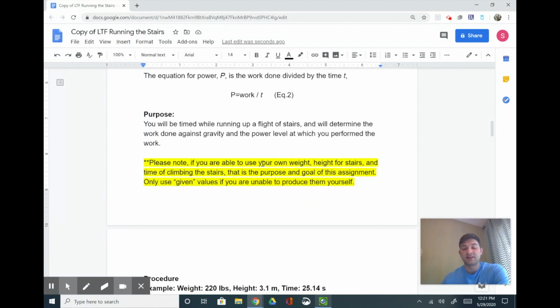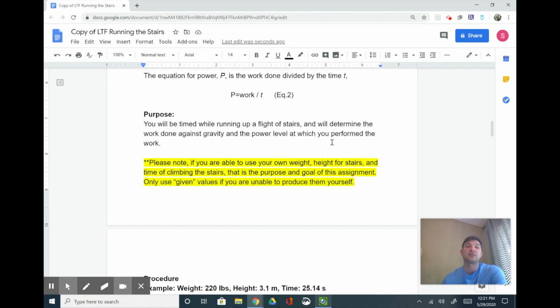Now, normally for this lab, you would get the students to weigh themselves in pounds, and then they would run up some stairs and you would time them, and you would have to measure the height of the stairs. Measuring the height of the stairs, I always let my students work through that. How would you measure the height of the stairs? They come up with random things, like taking some meter sticks together.